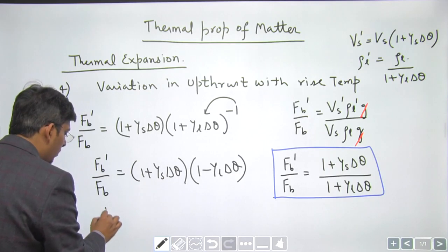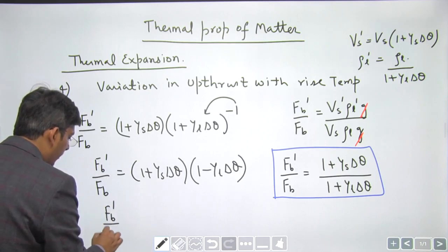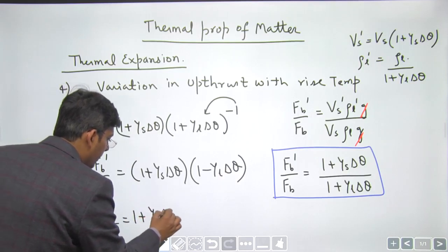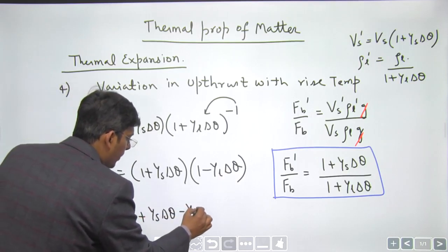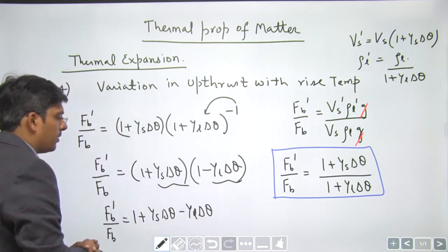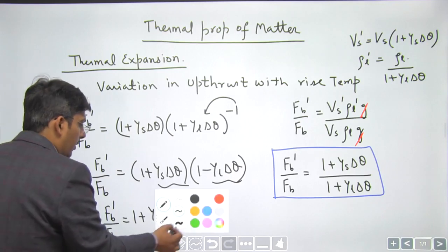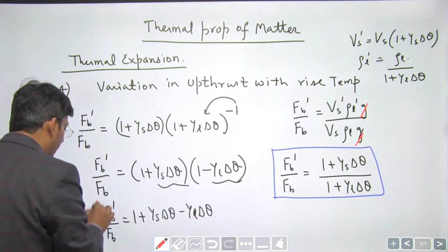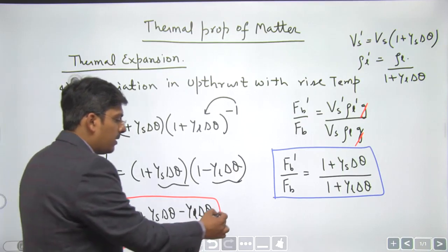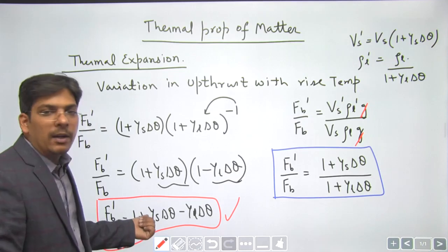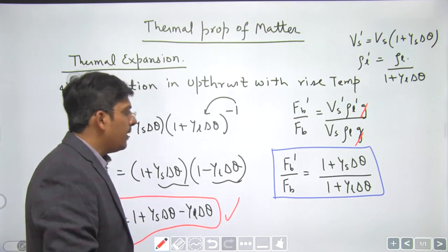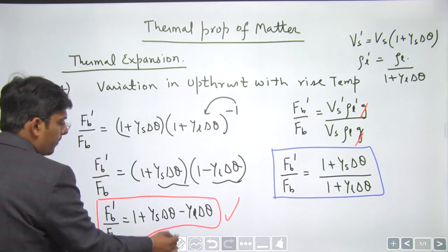You multiply these values, Fb dash divided by Fb is 1 plus gamma of solid into change in temperature minus gamma of liquid into change in temperature, and we neglect the product of these two values because gamma is small and the product of two gammas will be rather smaller. So this is the variation of upthrust with rise in temperature. Gamma of solid is the coefficient of cubical expansion of solid, gamma of liquid is the coefficient of volumetric expansion of liquid, dear students. Kindly note down.